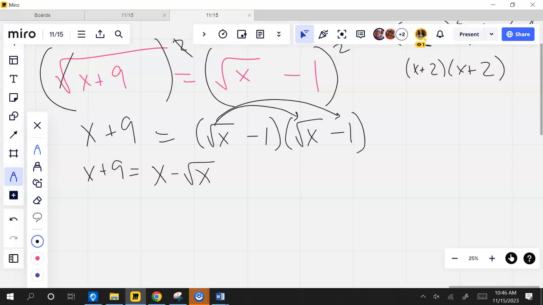Yep, so minus square root of x. I'm done with that one. Okay, so now I have x plus 9 equals, I can add these two together because they're like radicals, right?